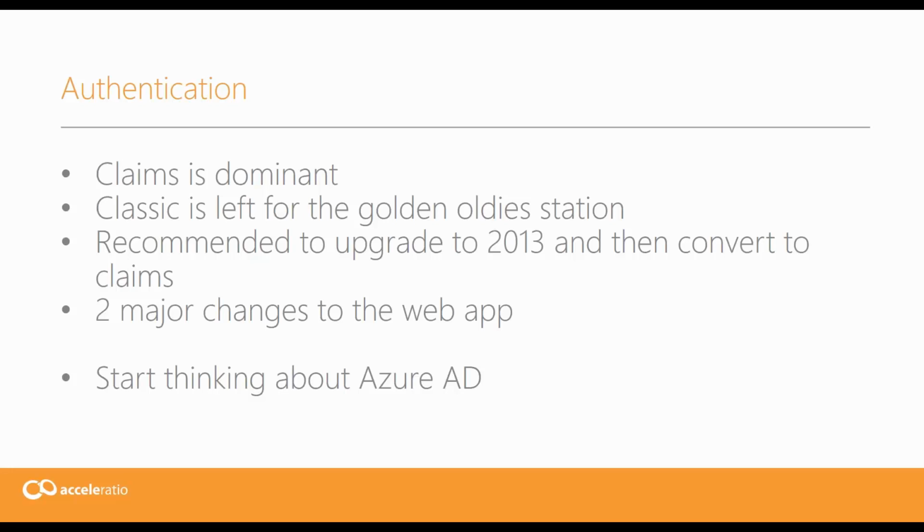And finally, start thinking about Azure Active Directory. This is not specifically an on-prem authentication method. You can kind of do it, but it's ugly as all heck. I don't recommend it. But you're going to start moving to the cloud, maybe not this year, but it's going to happen.